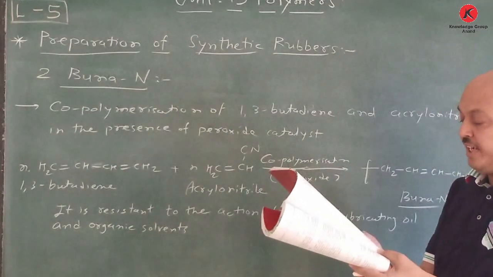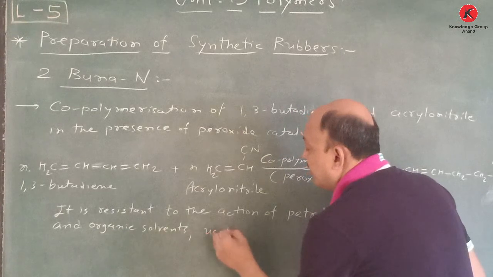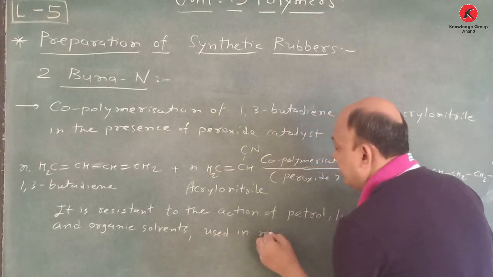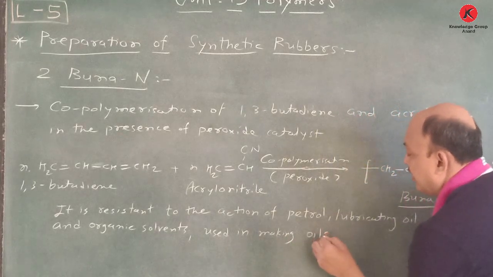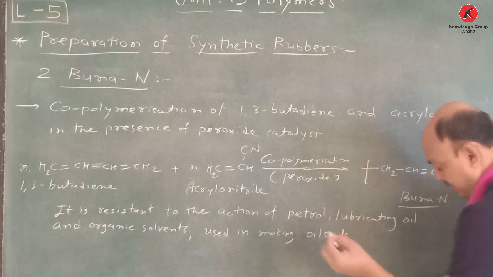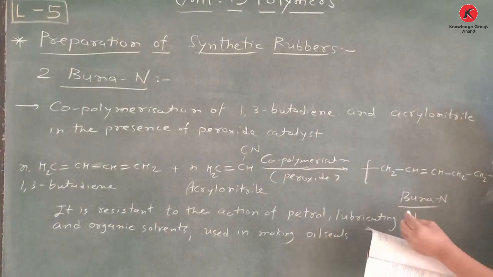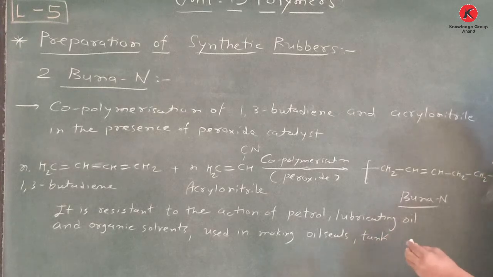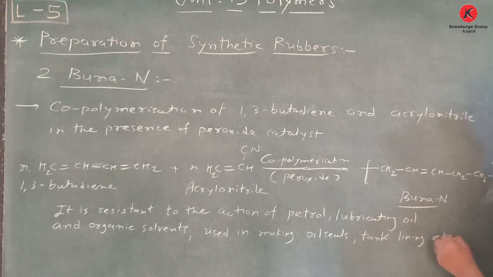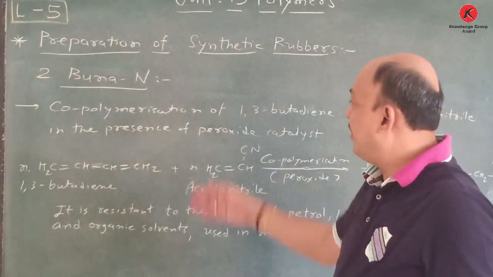It is used in making oil seals, tank lining, etc. So it's very important. So this is all about Buna-N.